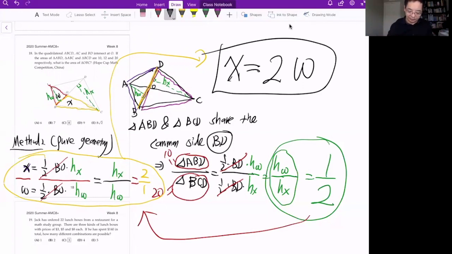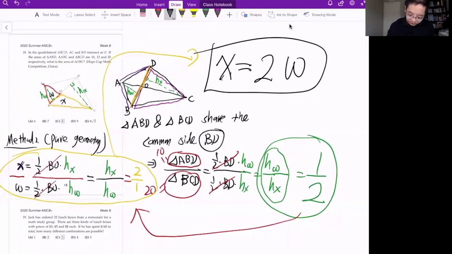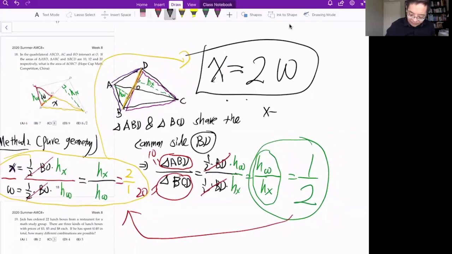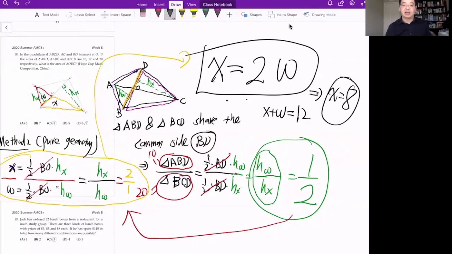So we derive the same fact, X equals twice W, and then of course we combine that with X plus W equals 12, since ABC is 12, and we quickly get X equals 8.